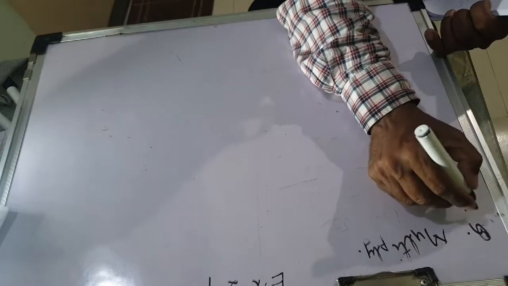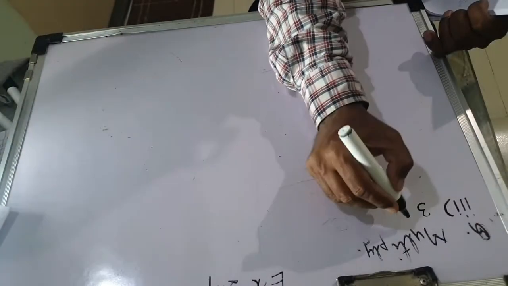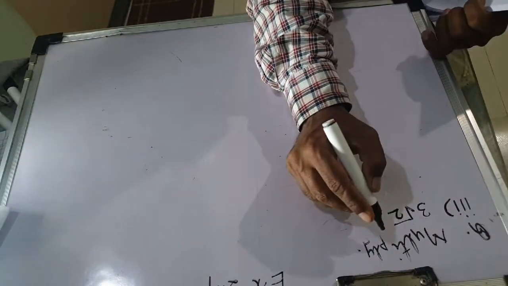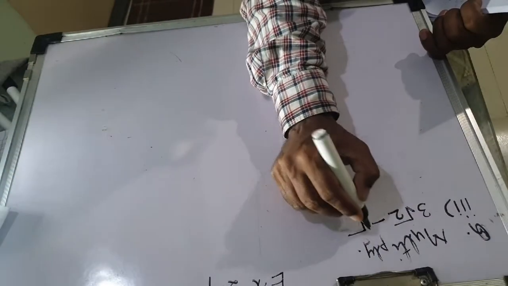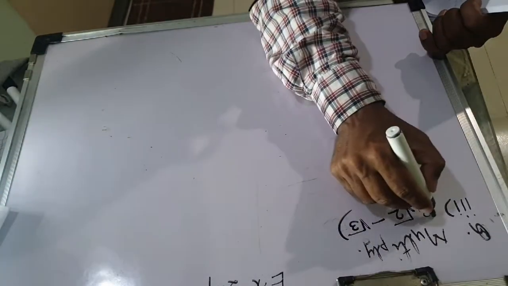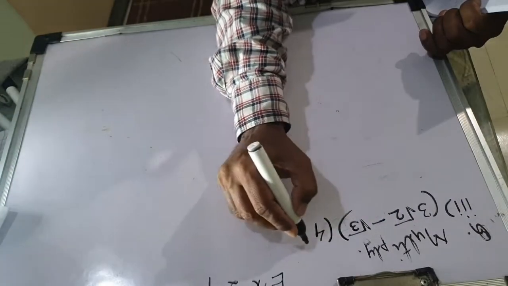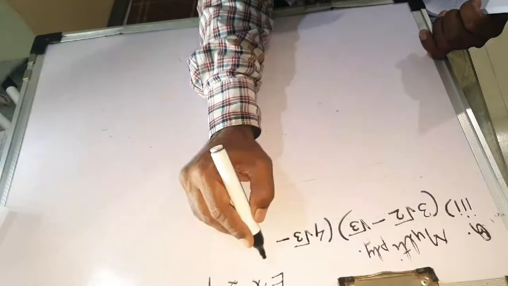Third is 3 root 2 minus root 3 into another bracket 4 root 3 minus root 2.